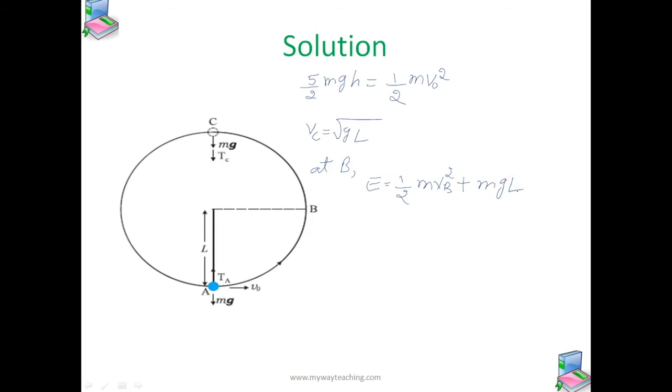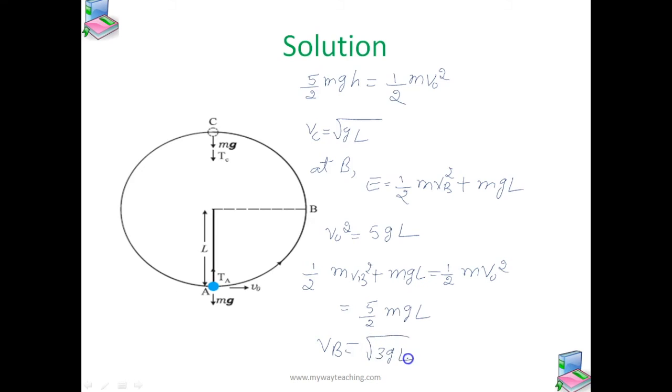So equating this to the energy at A, and even by considering the result from the first part, that v naught square is equal to 5gL, we can equate half m v b square plus mgL is equal to half m v naught square, that is 5 by 2 mgL, where we can get the value of v b is equal to square root of 3gL.